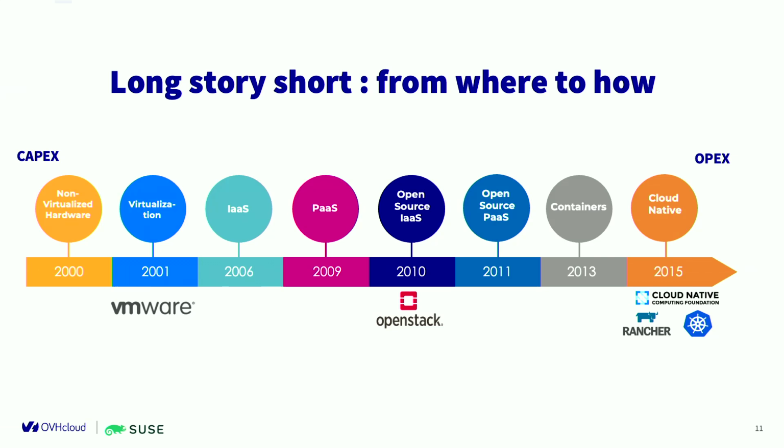Everything comes originally from virtualizing your physical machine to optimize the cost of infrastructure ownership. And now we're going to go further and further, to the stage where we can go more and more infrastructure as code. So between this 20 years story, a lot of things happened, but in a few words, the main focus was to optimize the way that the servers and the virtualized machines are used.